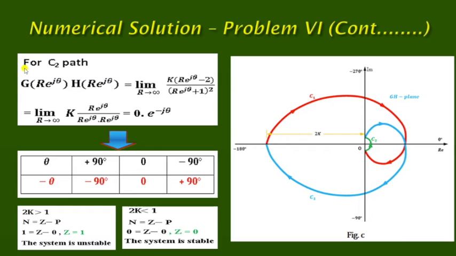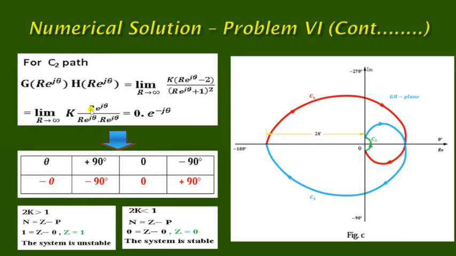Then calculate the C2 path. For the C2 path, put s equal to R e to the power j theta. Then, with limit R tends to infinity, K into (R e to the power j theta - 2) divided by (R e to the power j theta + 1) whole square. Comparing as R tends to infinity, the 2 and 1 are neglected.